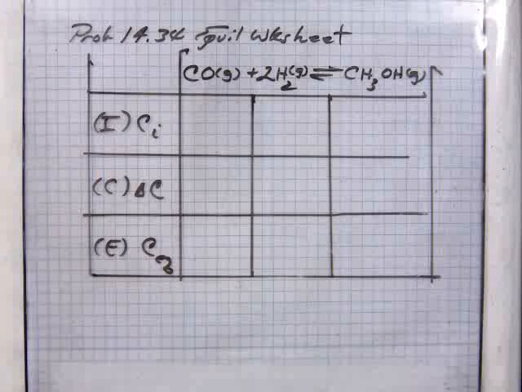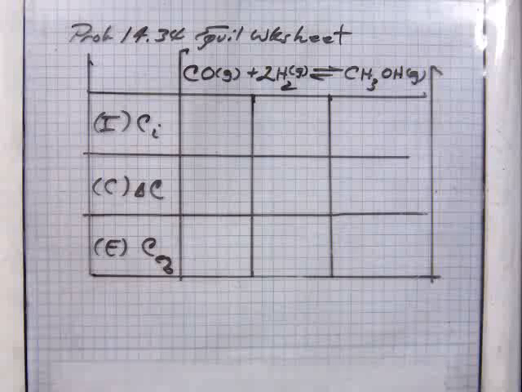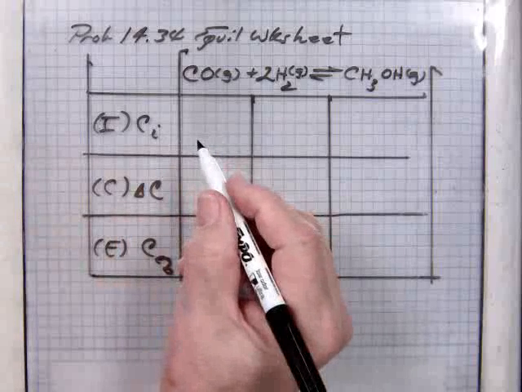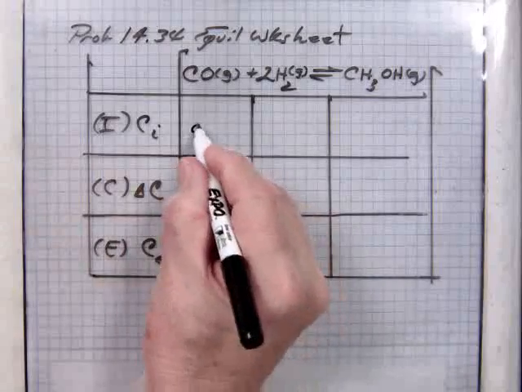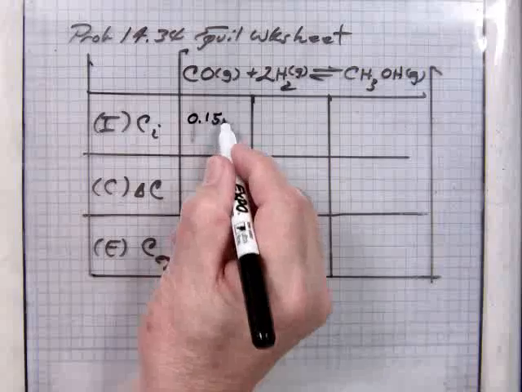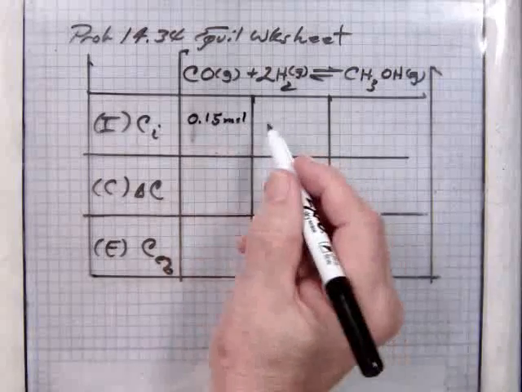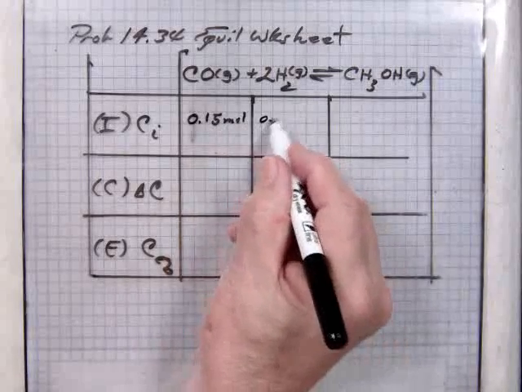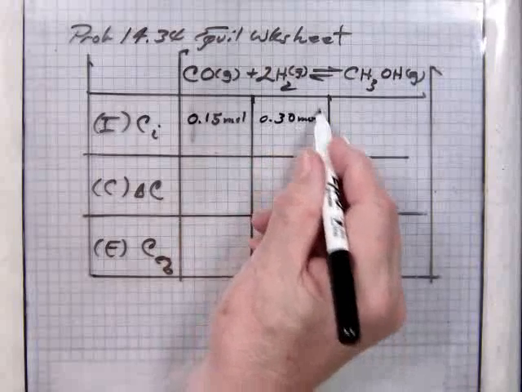A 1.5 liter vessel was filled with 0.15 mole of carbon monoxide and 0.3 mole of hydrogen gas. So we want to jot those here. That's 0.15 mole and 0.30 mole.